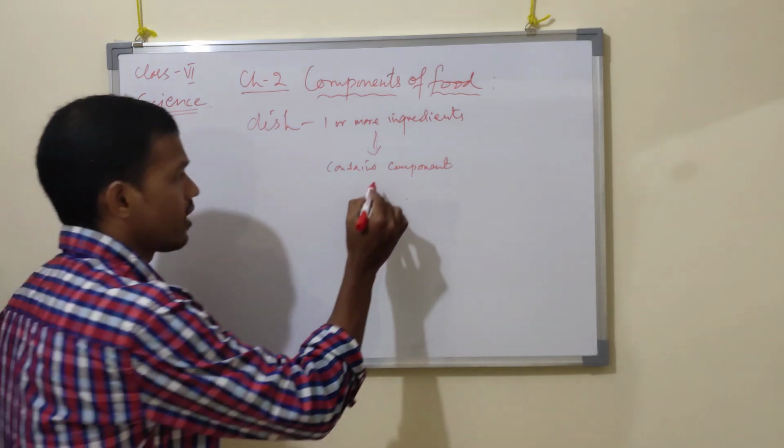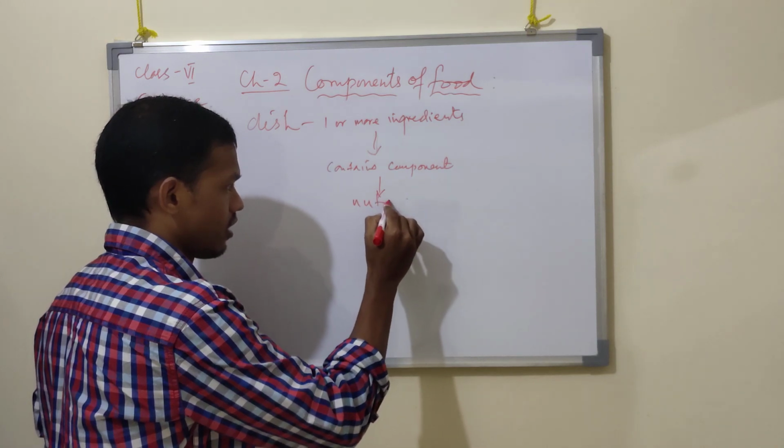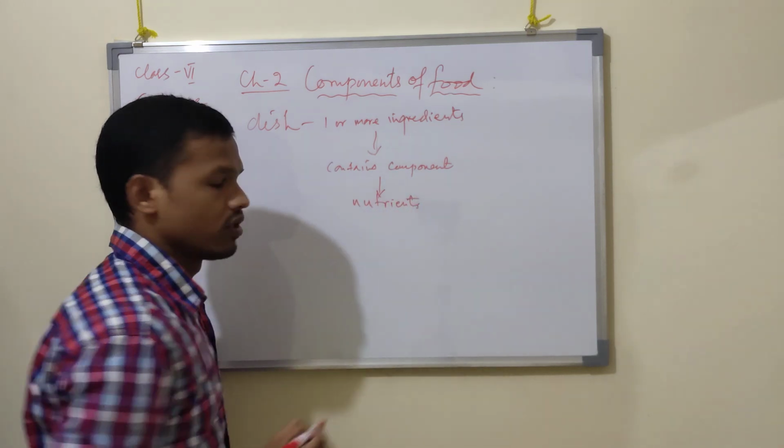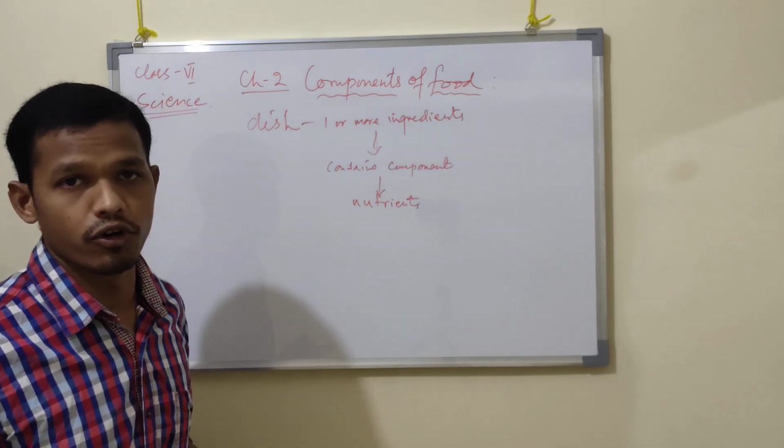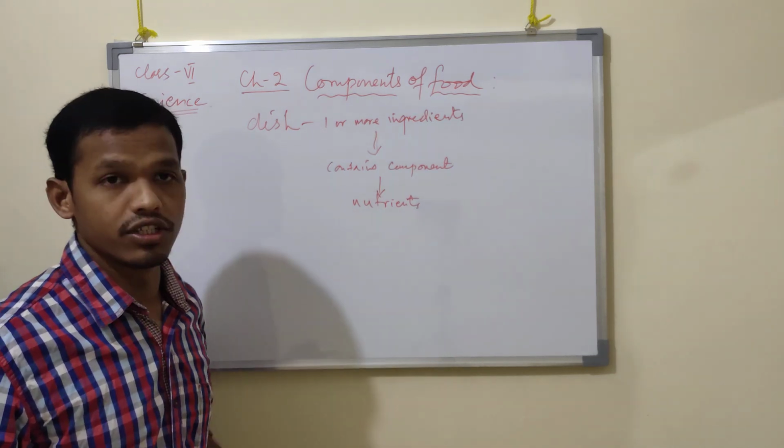These components are called nutrients. These nutrients are required in our body. So what are those nutrients? What are the components of these nutrients?